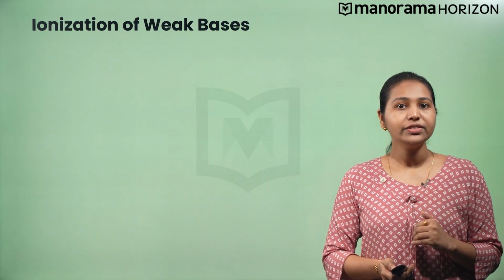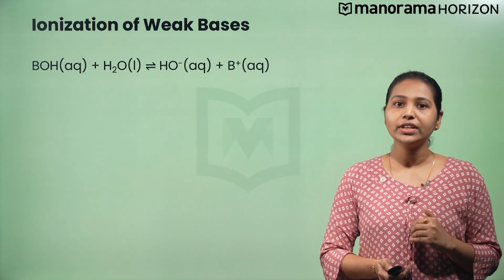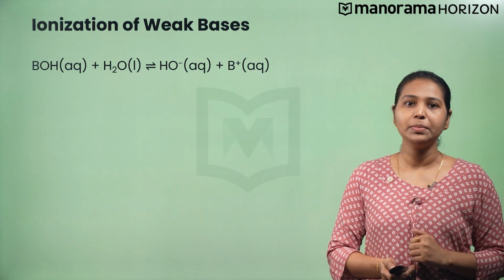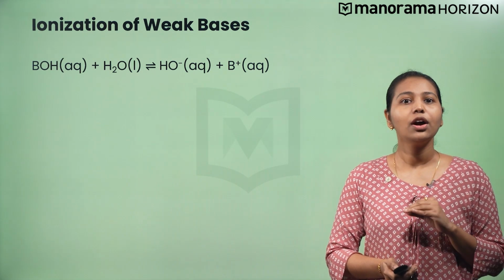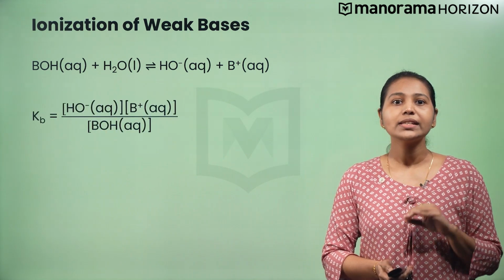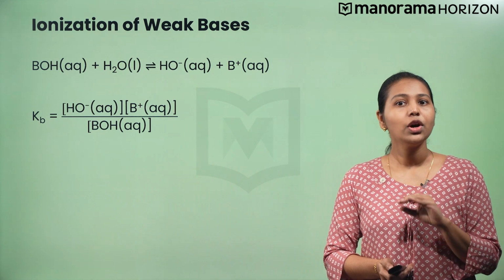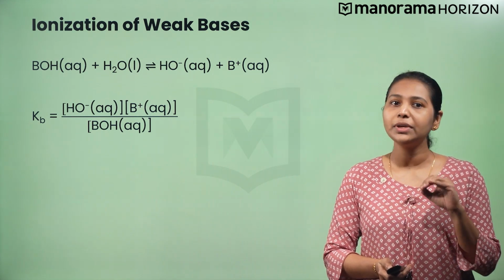Likewise, you may derive the equations for the ionization of weak bases. Consider the generic equation for the ionization of a weak base. Here, the ionization constant or dissociation constant of weak base BOH may be written as Kb equals the product of concentrations of OH- and B+ divided by the concentration of BOH.